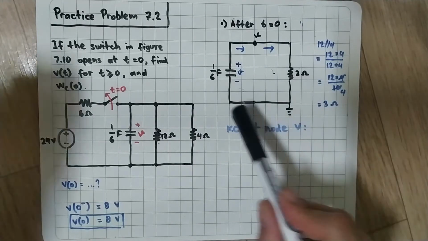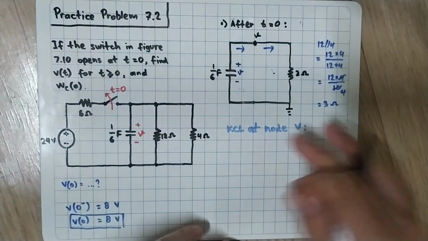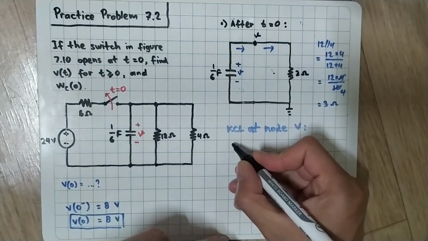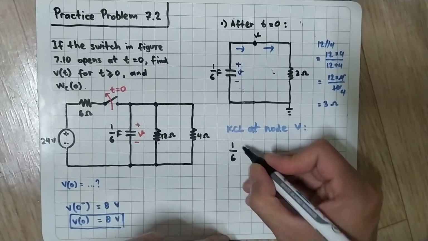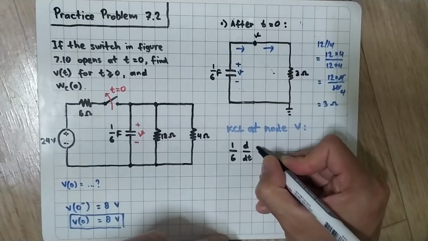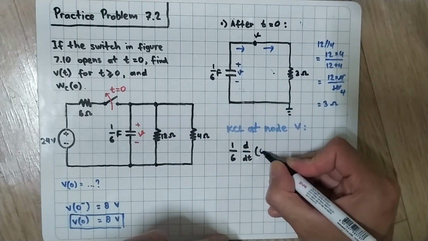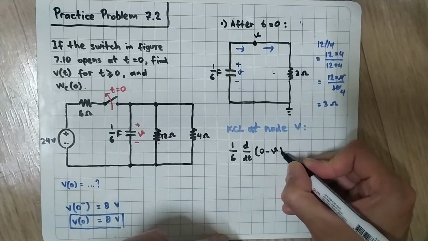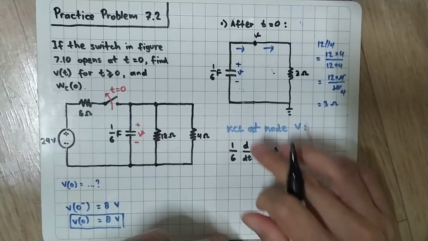Okay, now I will have current that passes through this capacitor, and remember that the current of the capacitor is C dV over dt. So I will have the value here, 1 over 6 of C, and then d over dt, and our current flows from ground to V, so I will have 0 minus V. And then this one will be the current that is going out.